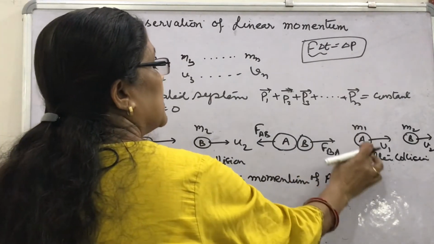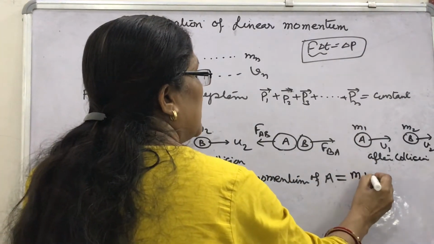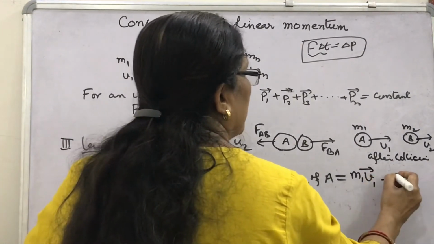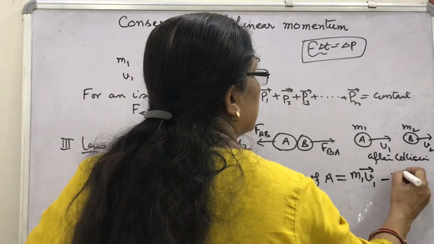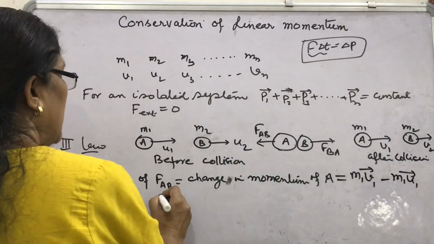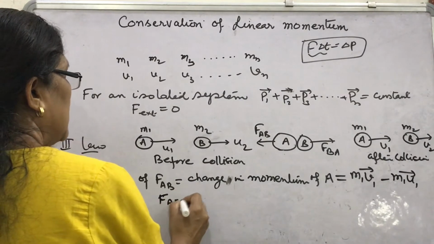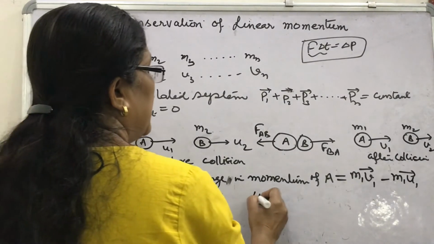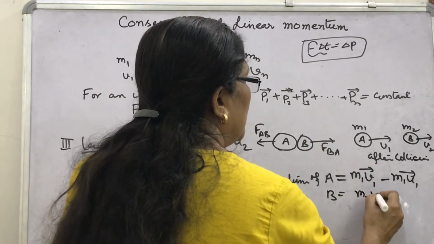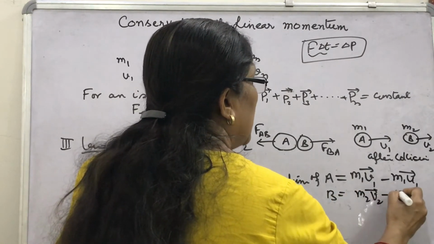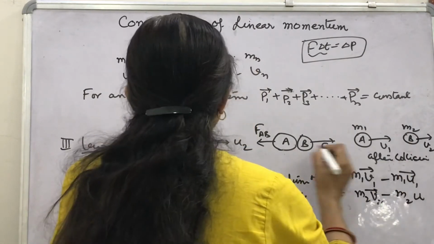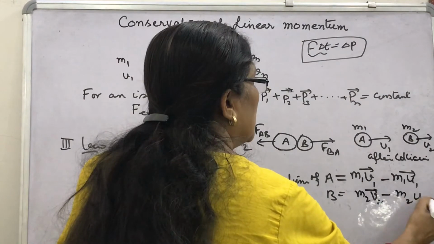Finally it is m1 v1, written as vectors, minus m1 u1. Similarly, the impulse of FBA: in the same way, the change in momentum of body B, you will write m2 v2 minus m2 u2.